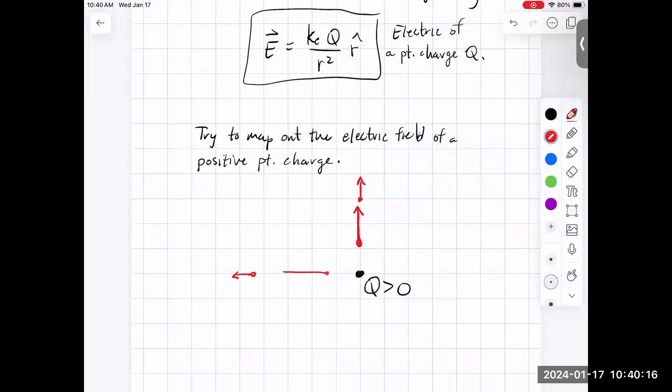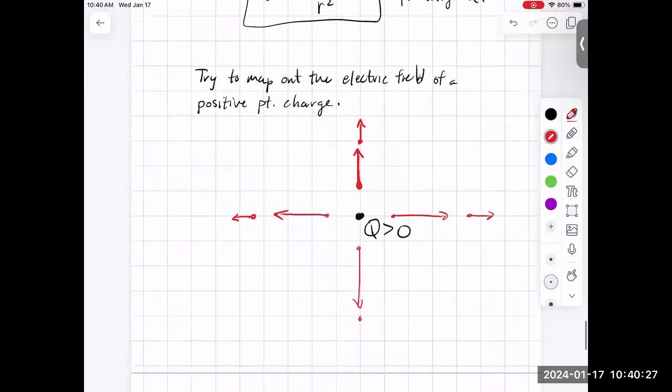And what we're going to find is that the electric field is going to be strong when we're close to the charge, and it's going to be weaker when we're farther away from the charge. And it's always going to be pointing radially away from this charge. And so this is now the electric field due to this positive point charge Q.